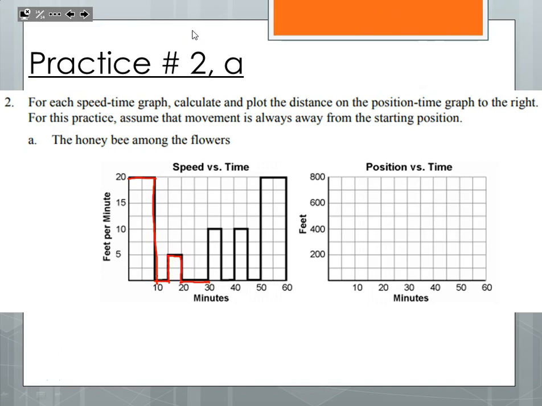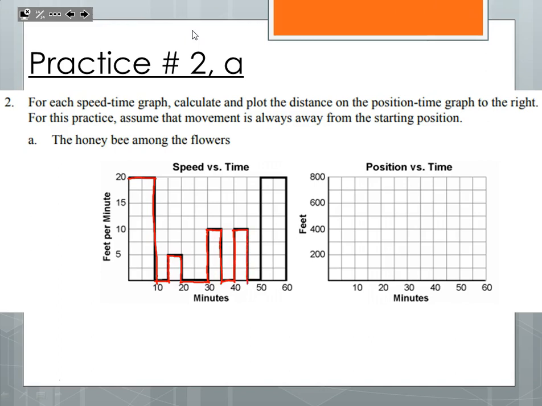Then after 10 minutes of sitting there on this little flower, whatever he's doing, he then increases again to 10 feet per minute for 5 minutes, comes to a stop. Then he stays at a stop for 5 more minutes, then increases his speed to 10 feet per minute, and he continues that way for 5 more minutes, and then he comes to a stop.